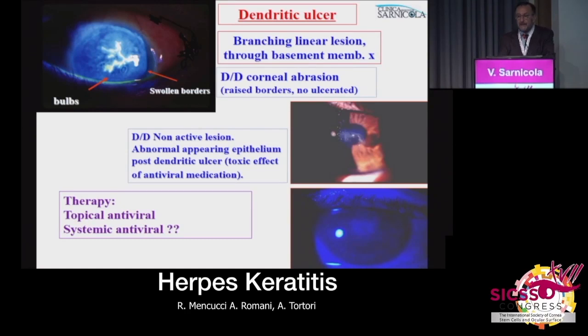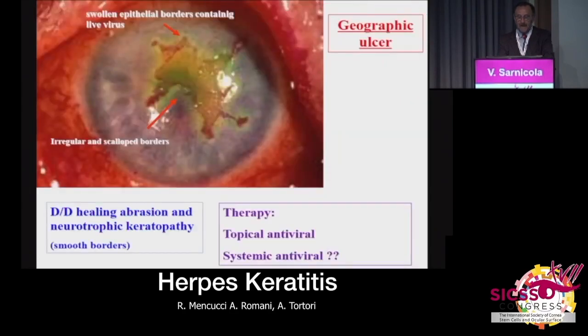What about systemic antivirals? Systemic antivirals may be a good idea, not so much when treating the herpetic lesion, but for possibly preventing the recurrence, because the herpetic lesion is not entirely controlled with a systemic treatment.